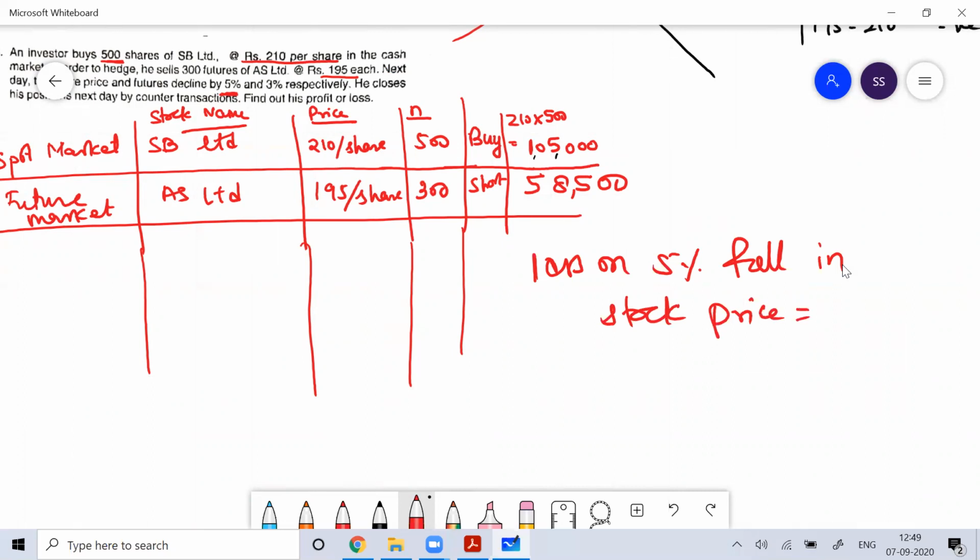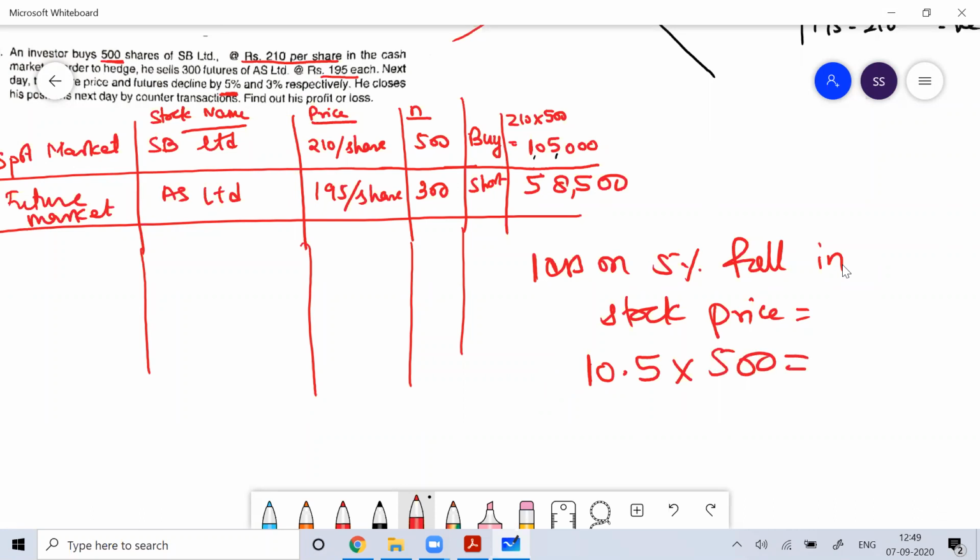So what is that loss? 210 falls by 5%. 5% of 210 is how much? 10% is 21, 5% is 10.5. So you get a loss of 10.5 rupees on one share, and he has bought a total of 500 shares.